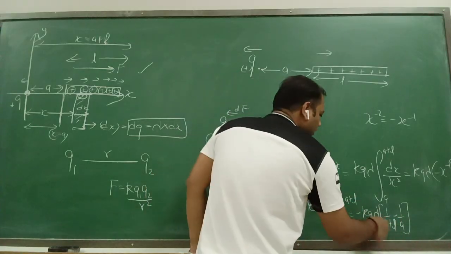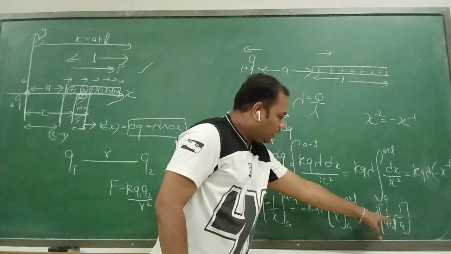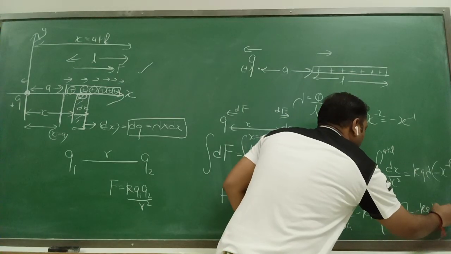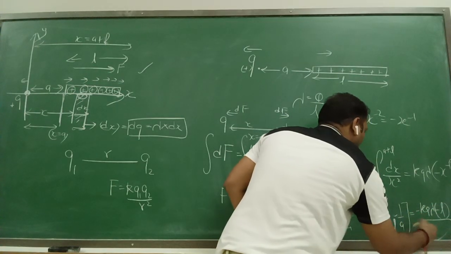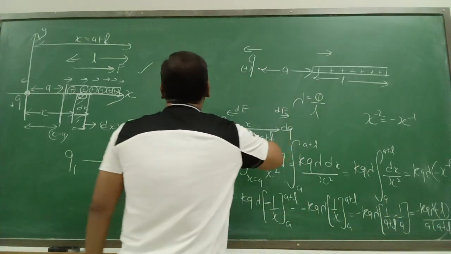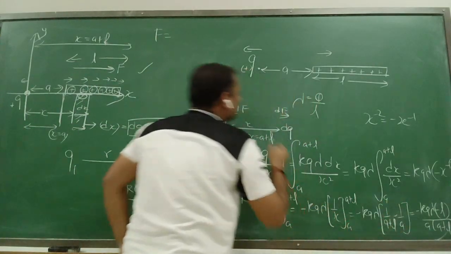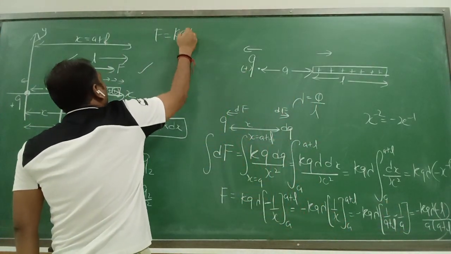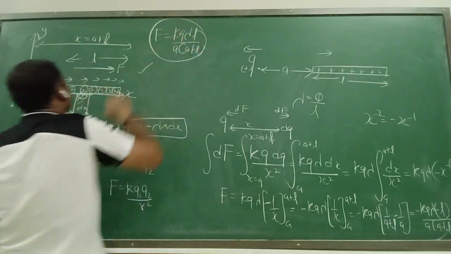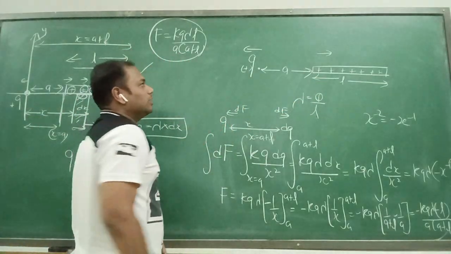So on solving this, what we will get? In the numerator we get minus l. So the final result will be F equal to minus minus, which will get cancelled out, kQ lambda l by a into a plus l. So this is the force which is acting between this rod and this point charge.